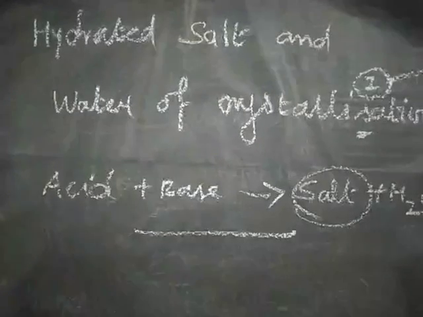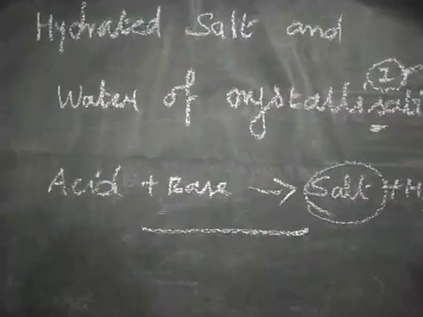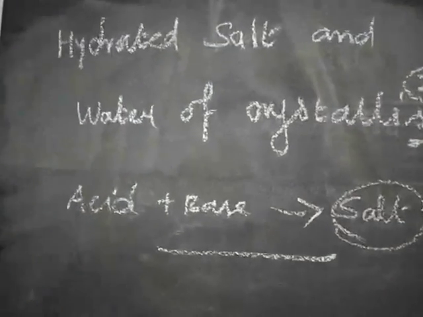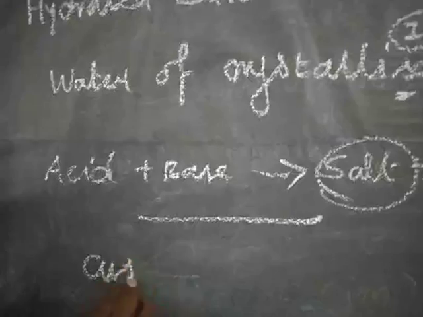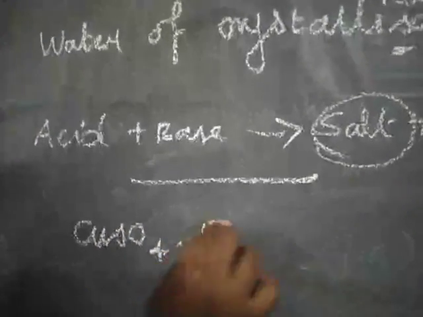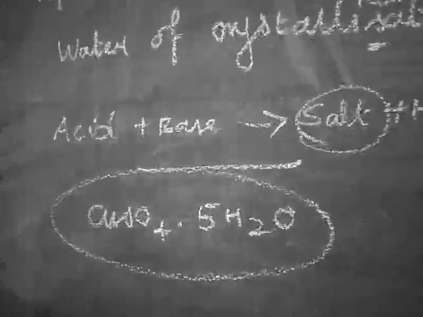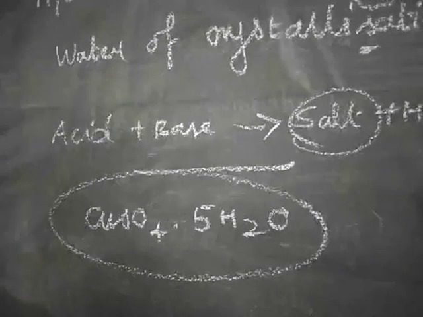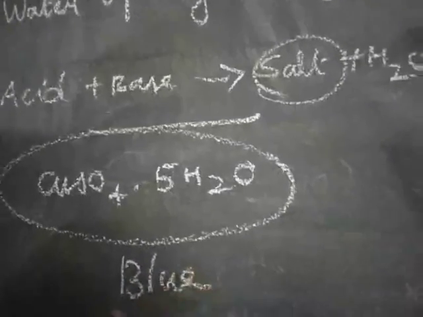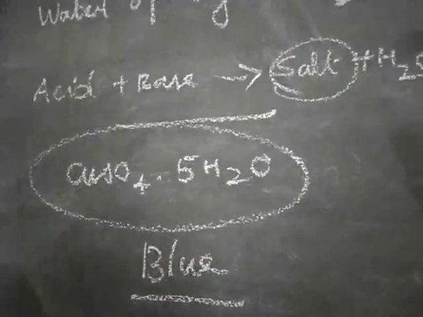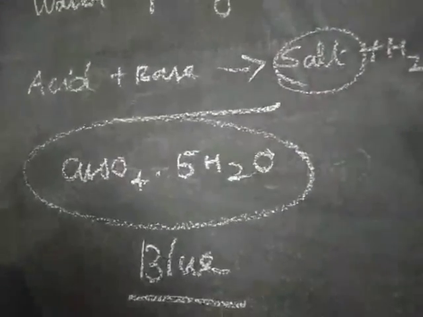When the salt is dissolved in water, the ions are attracted by water molecules. Take one example, copper sulfate pentahydrate. What is its color? Blue, spelled B-L-U-E.